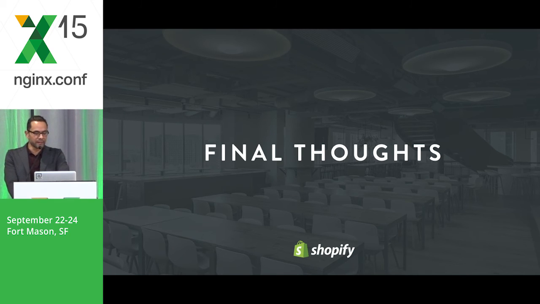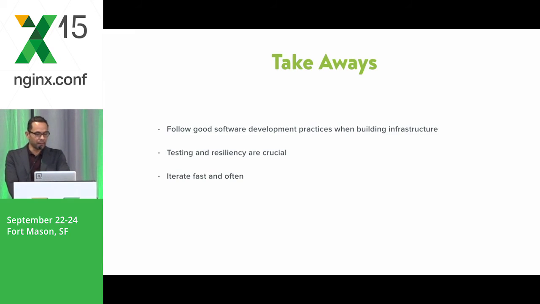So I've gone through a lot here, but if there's anything to take away from this talk, I would say that it's these three things. When building infrastructure, it's really important to follow good software development practices. I guess this means doing things the DevOps way, which is something that we've started to embrace at Shopify.